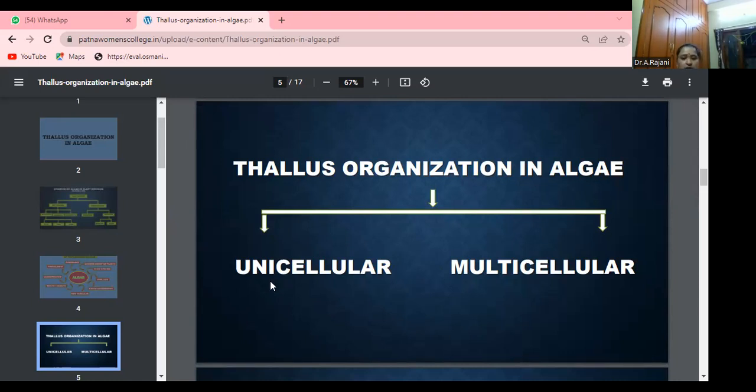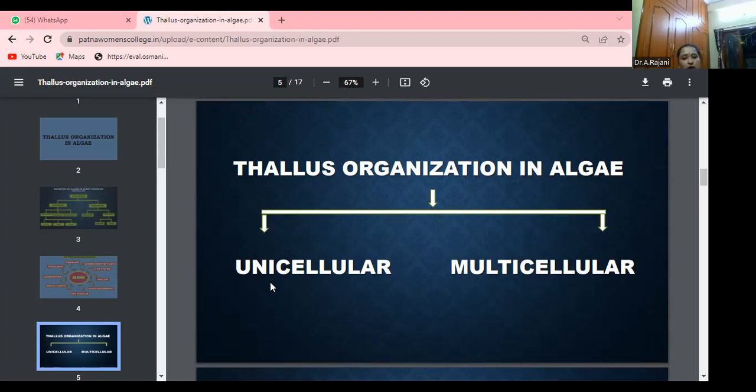You have already studied this at degree level, no? It is most important to identify the algae. How do you identify species? Sometimes when you go along the roadside, you say, this one is a hibiscus plant, this one is a mango. Similarly in algae, you can identify among the 35,000 species.